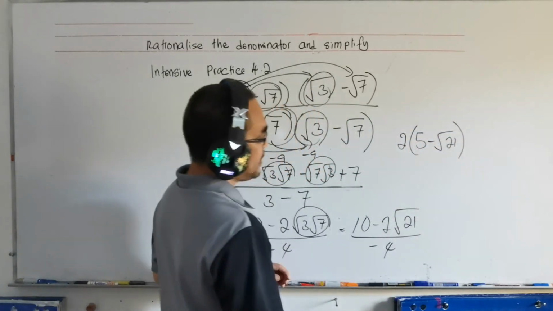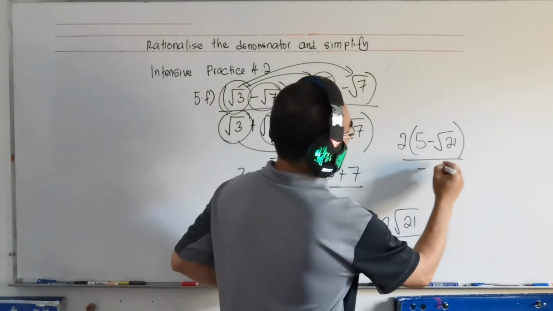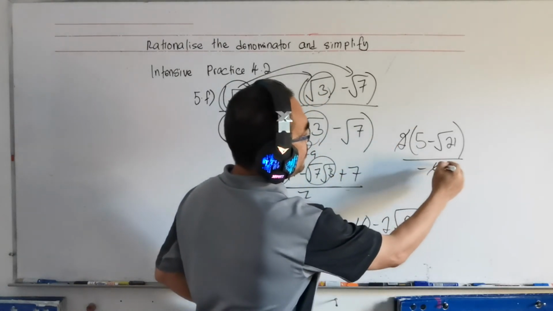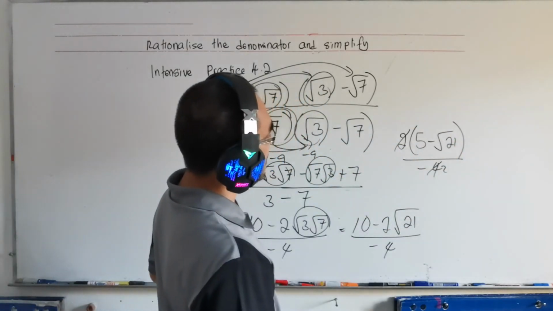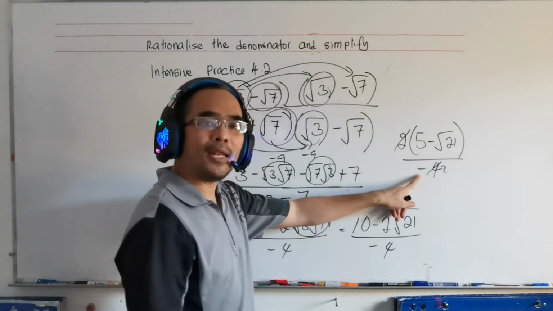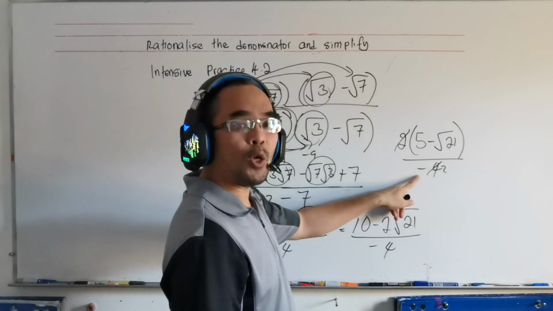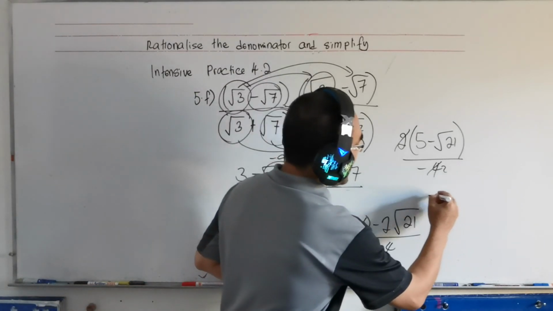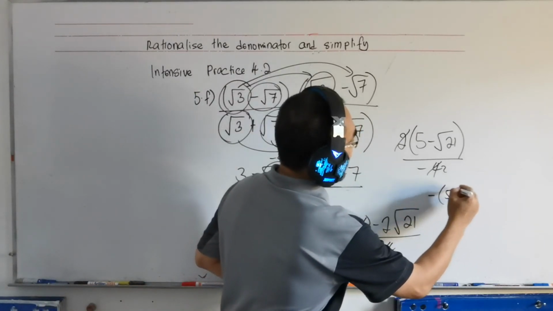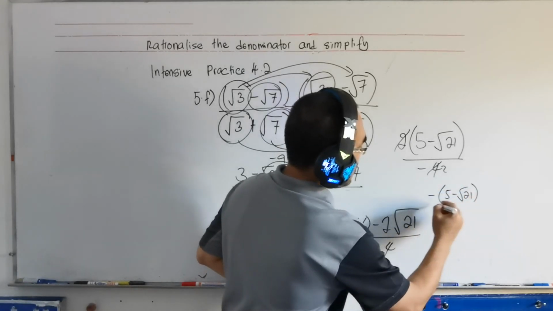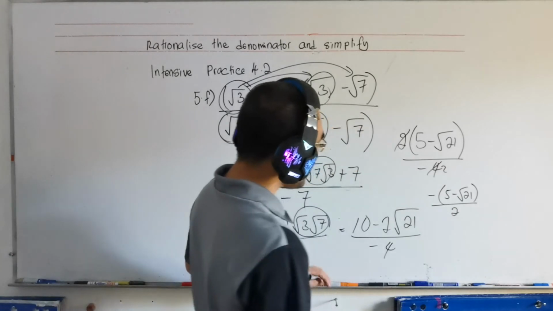Square root of 21. Okay, and over negative 4. And now we can cut 2 and 4. We have 2. And then usually we do not leave negative as part of the denominator. We just write negative and then 5 minus square root of 21 over 2.